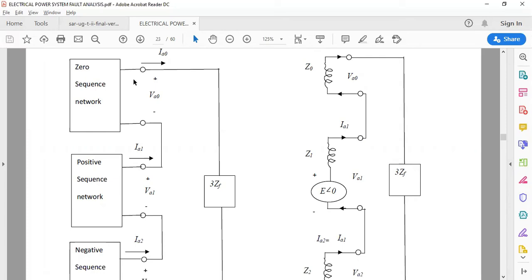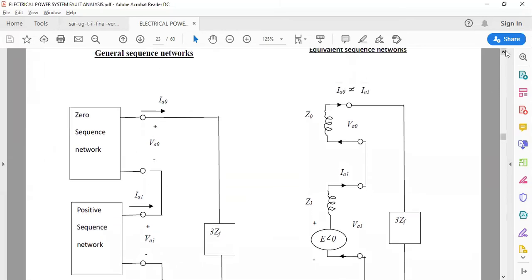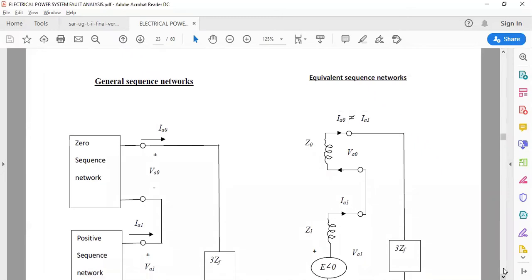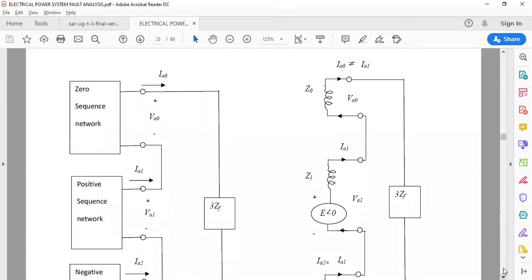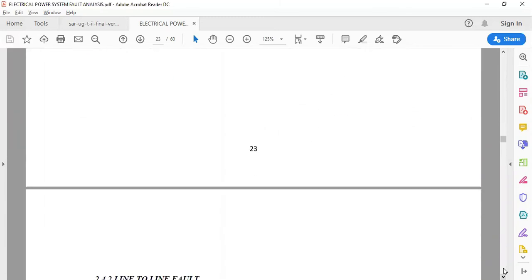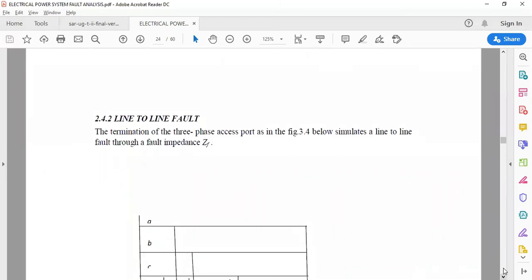It means that IA0 is equal to IA1 is equal to IA2. Therefore, all these sequence circuits are connected in series. The rightmost is the equivalent sequence network, and the leftmost is the general sequence network for the single line to ground fault. Next is the line to line fault.